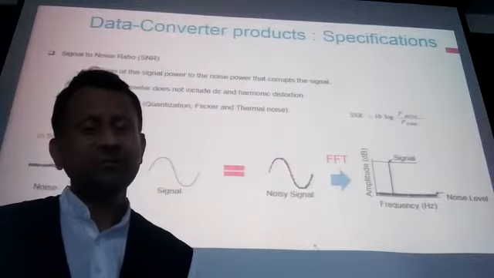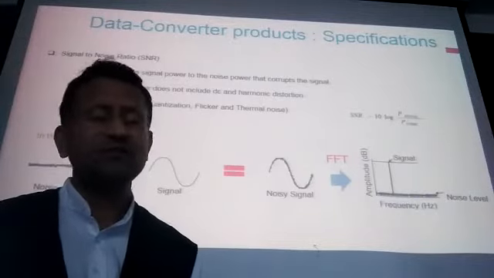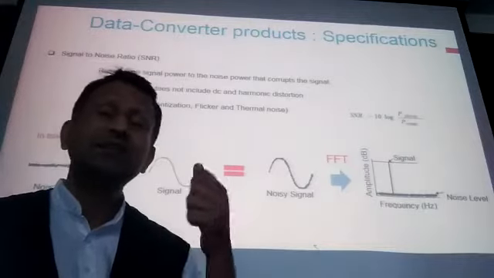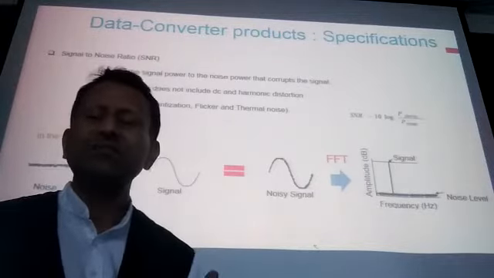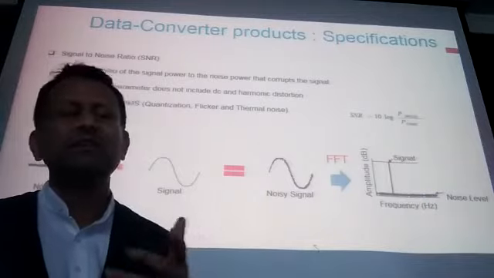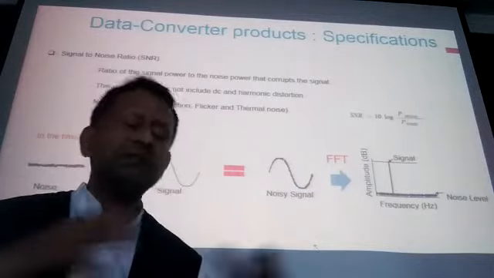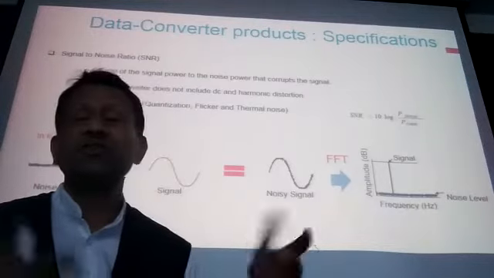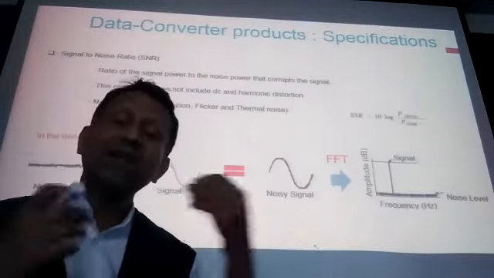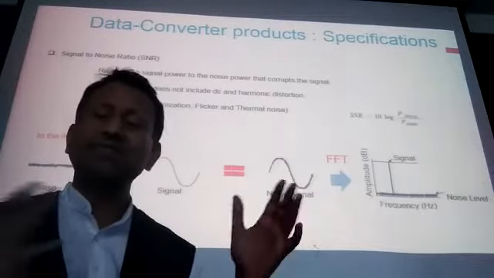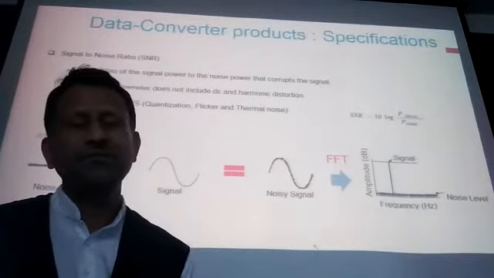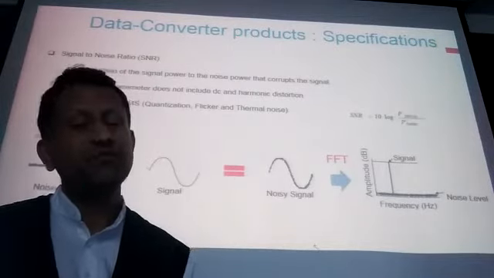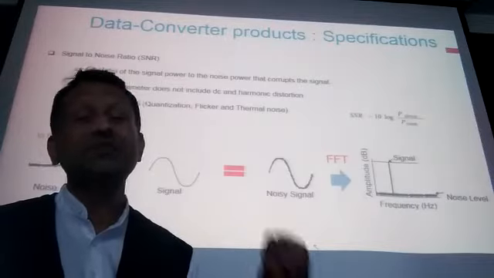What is the harmonic distortion? Actually, noise is random in nature, but sometimes in converters or in any system, some noise is predictive, is deterministic. Like if we have a clock, maybe in relation to the clock there is some noise. Actually, noise is everything other than the signal, but some noise is predictive, is repetitive.